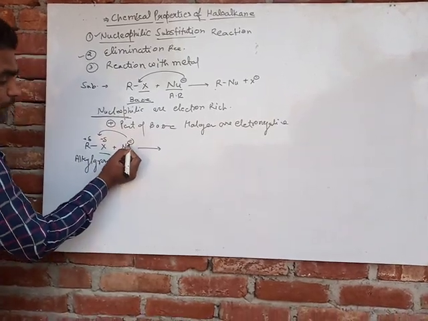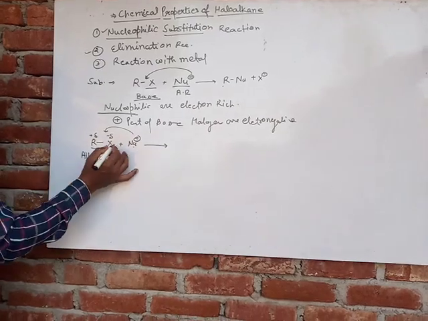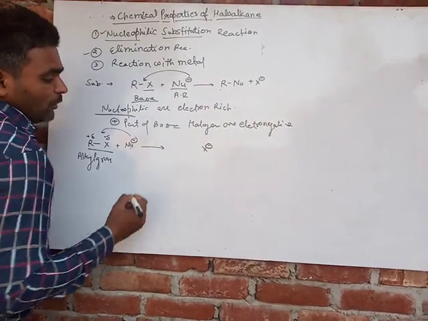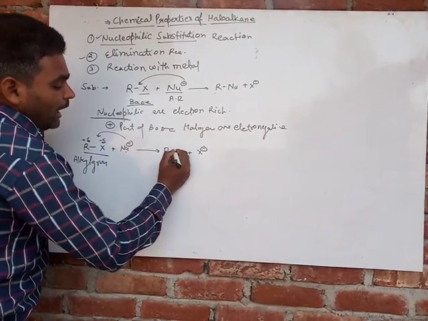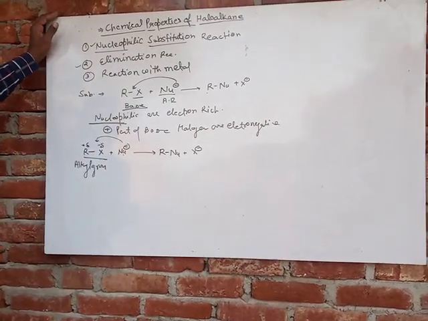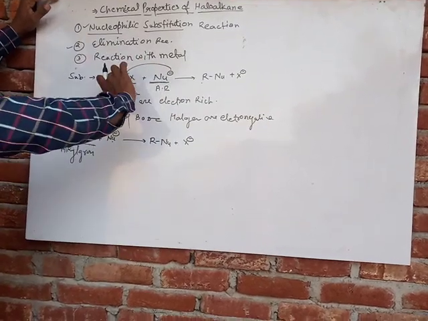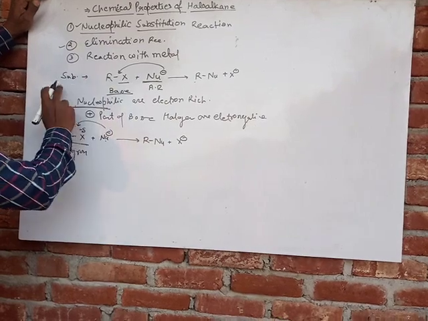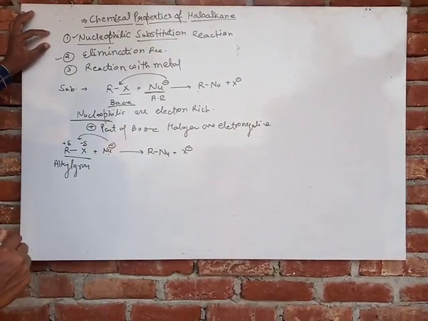And if a nucleophile attacks the alkyl halide, then the halogen is removed in the form of X minus, means halide ion, and formation of RNu takes place. So here we see that the attacking reagent is a nucleophile and replaces or displaces the halogen. So this type of reaction is called the nucleophilic substitution reaction.